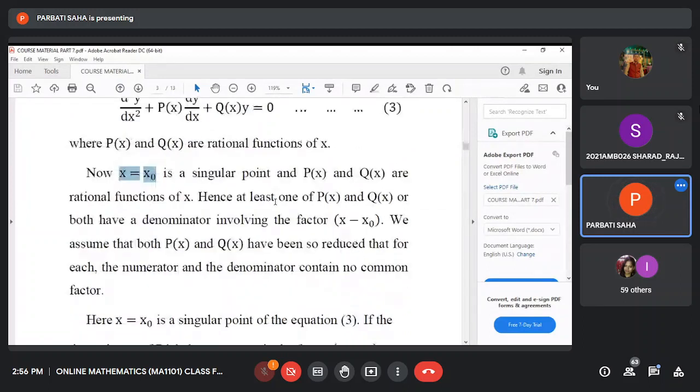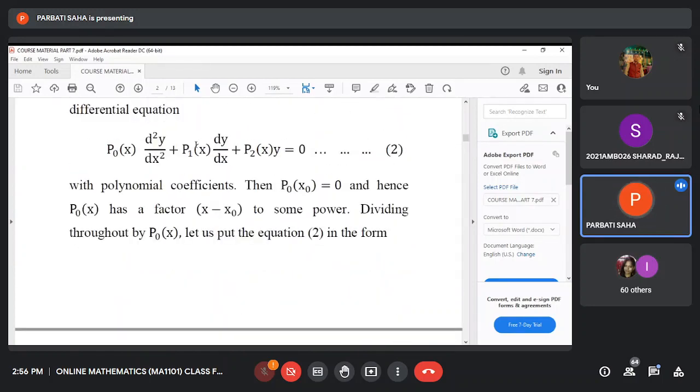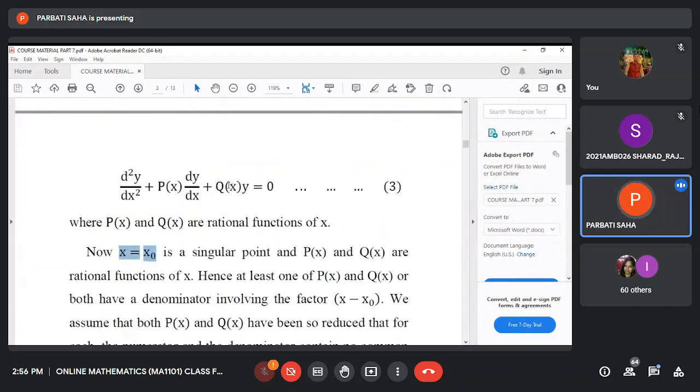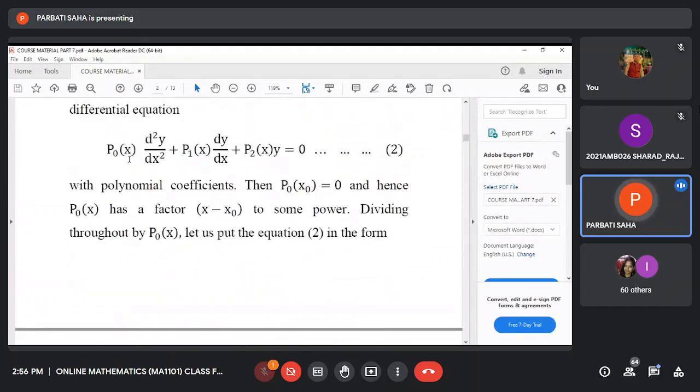Now you observe these lines. It is an important line. At least one of p(x) and q(x), or both, have a denominator involving the factor x minus x0. It is already observed: p(x) means P1(x)/P0(x), and P2(x)/P0(x) is denoted by q(x). So it is very clear, because P0(x) should contain the factor x minus x0.